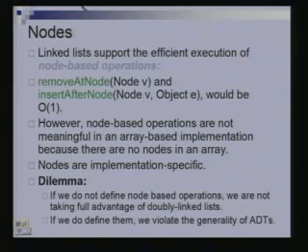So we have a very efficient data structure which can do constant time operations, provided we have access to the node where we want to do the insert or the delete. That is what is mentioned here: you can remove at a node, insert after a node, or insert before a node, all in constant time.